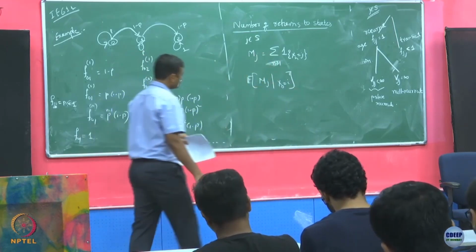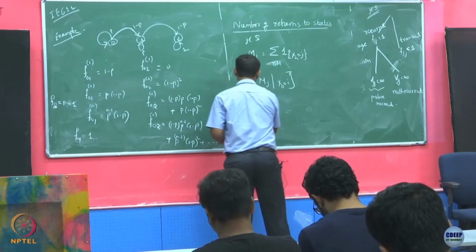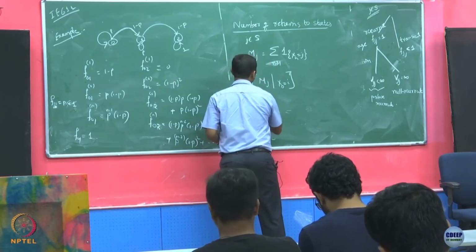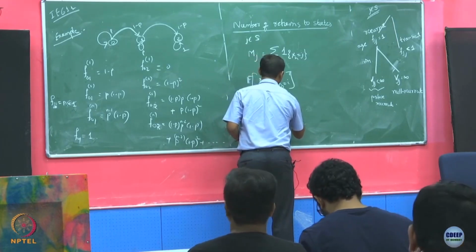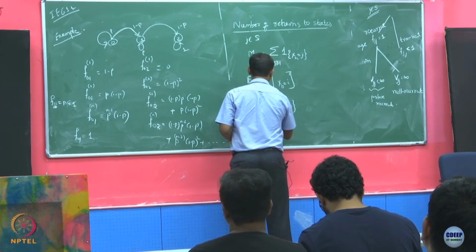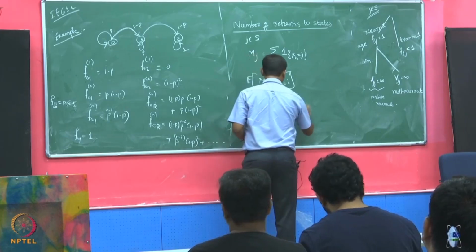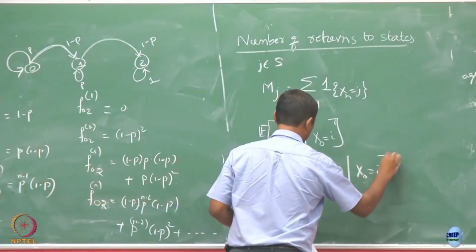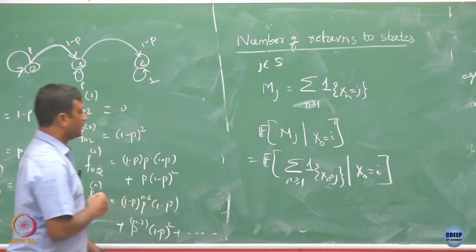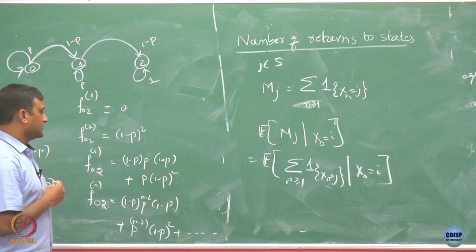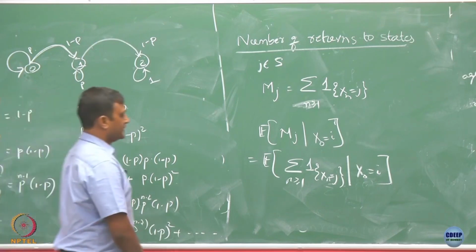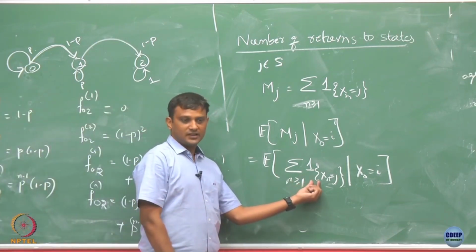Now what is this going to be? The expected value of this. Can anybody see that this is a limit, right?